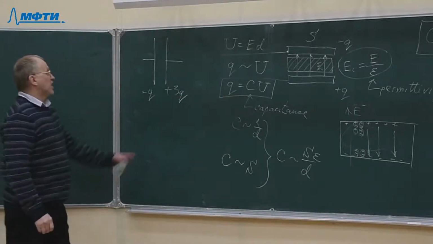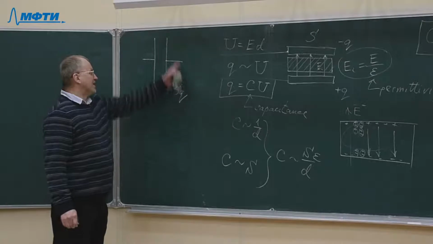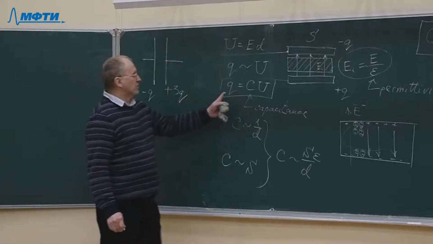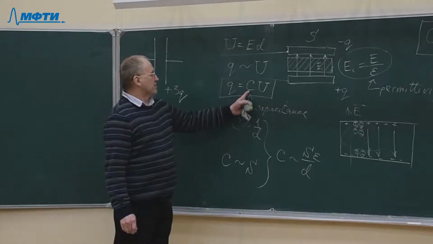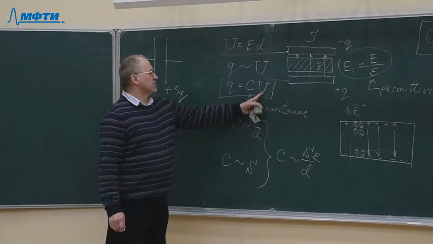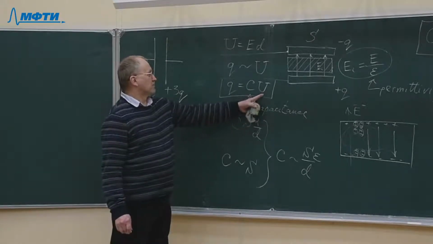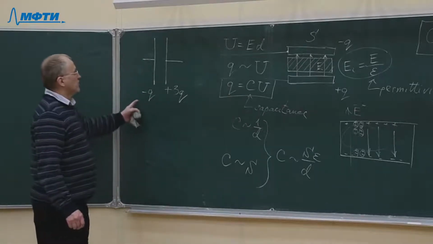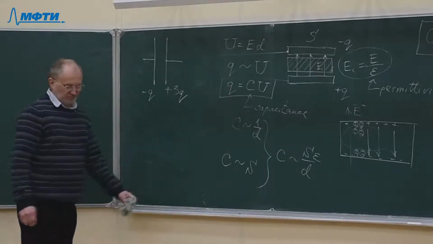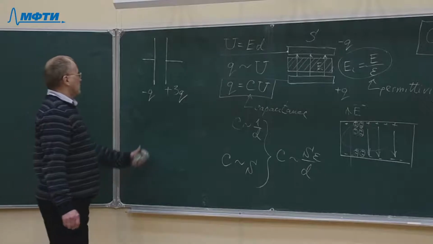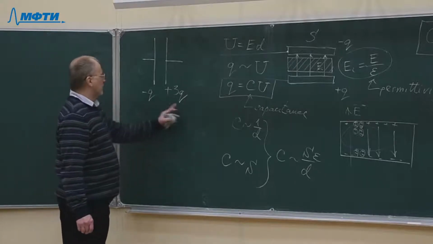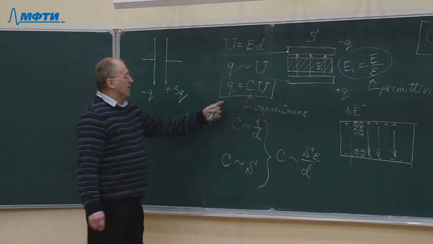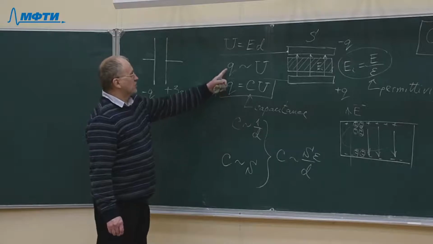What will be the charge of such a capacitor? We need to know the charge in order to calculate the potential difference, for example. Or if we know the potential difference, we need this to calculate capacitance. So what will be the charge in this particular case? To find the answer, we must recall how we produced this charge of a capacitor.